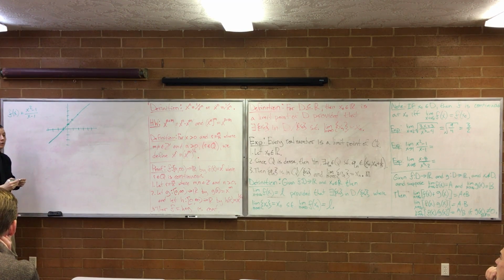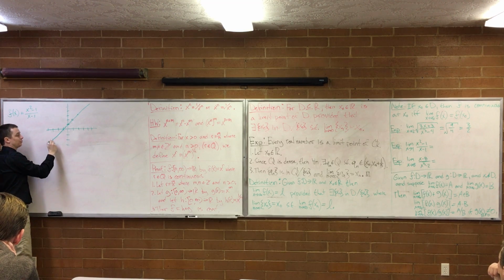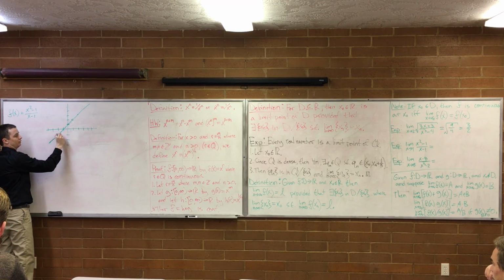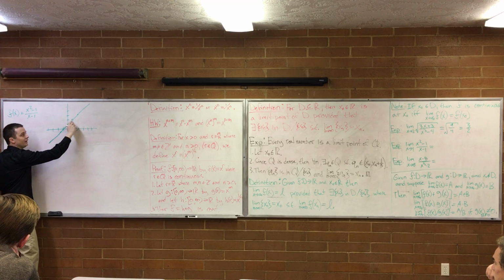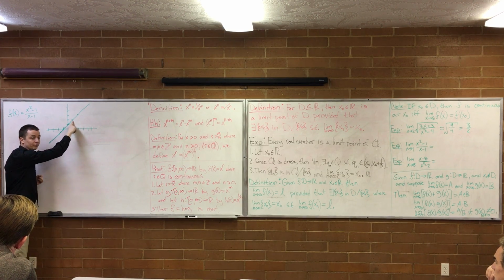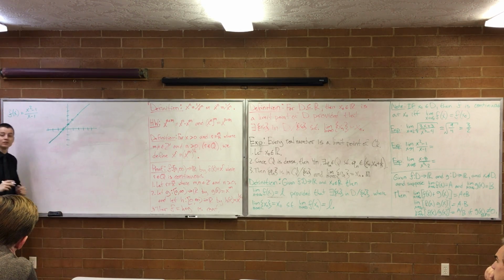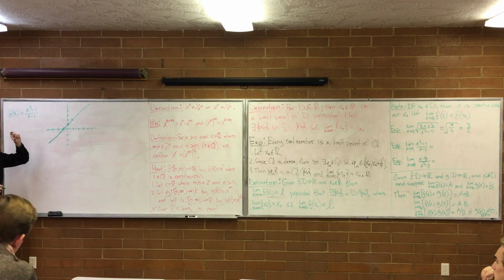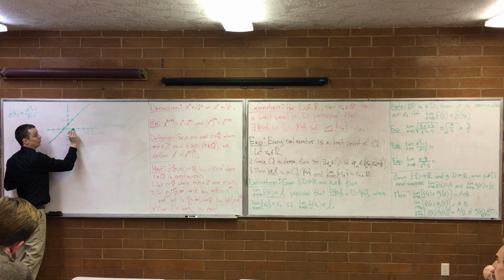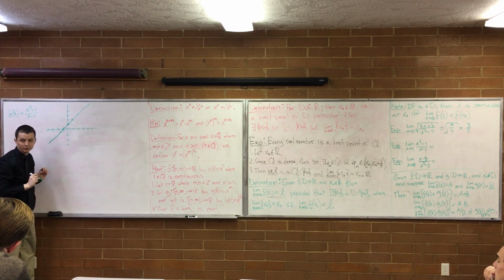So the limit of the function as it approaches a point, most of the time it's just the value of the function. But now, here's a point where the function doesn't have a value, where we can still talk about the limit of the function at that point. Okay? So we're going to be interested in the limit of functions at a point. What does the value of the function get closer and closer to as our inputs get closer and closer to the number that lines up with it?